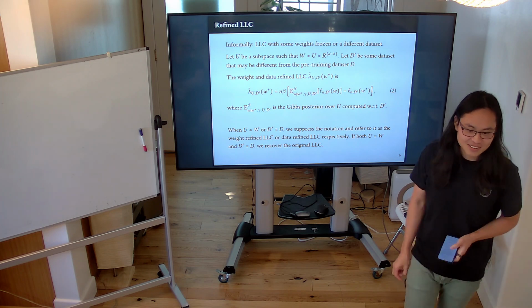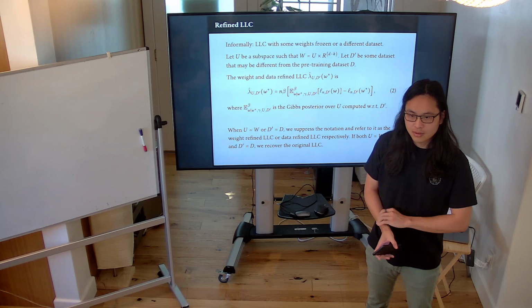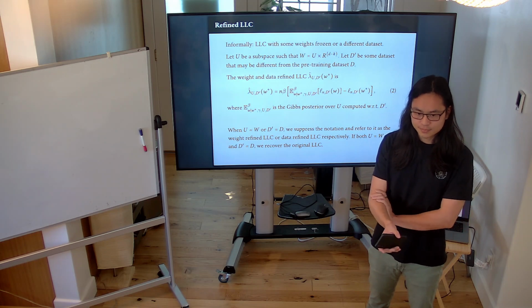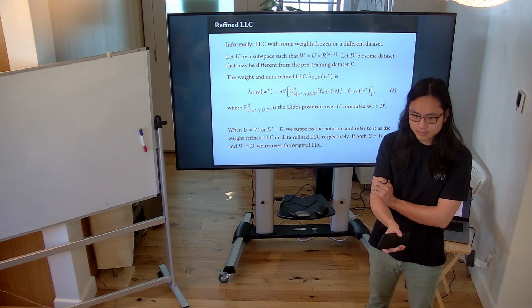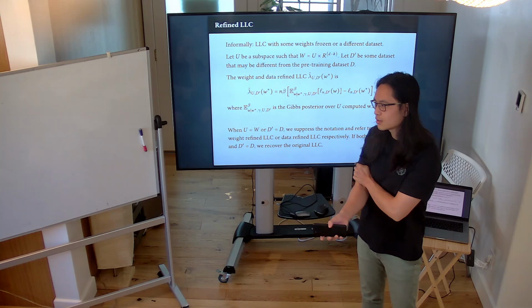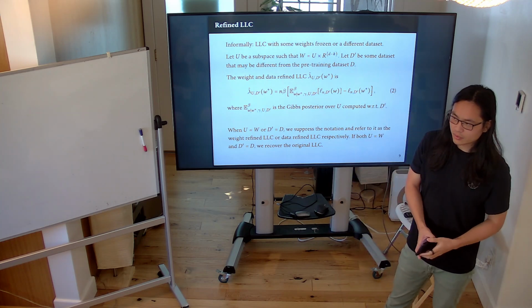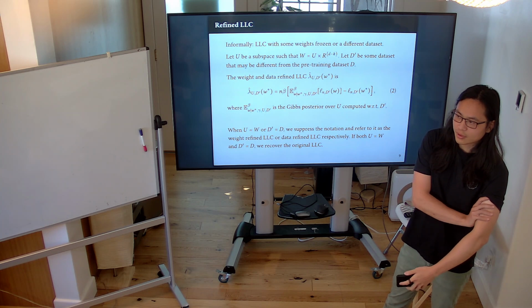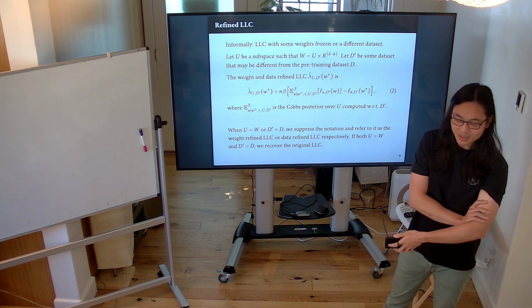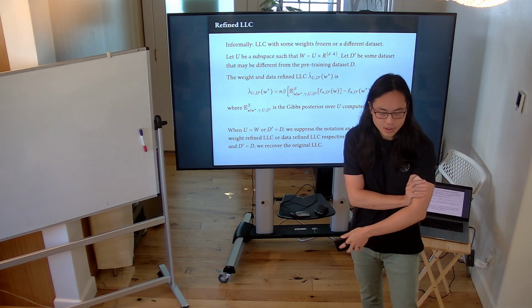What kind of data sets are you using as these modified data sets? Because if it's not a subset, or at least from a distribution that's similar to that of a subset of the pre-training data set, it's pretty unclear how meaningful this quantity would be. Yeah. So there are two things that we'll use in this talk. The first one is a data set from GitHub, which I think isn't strictly a subset of the original data set, but the original data set does have code in it.